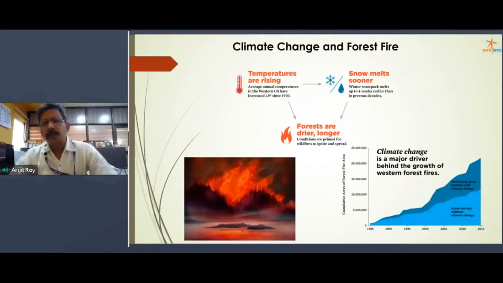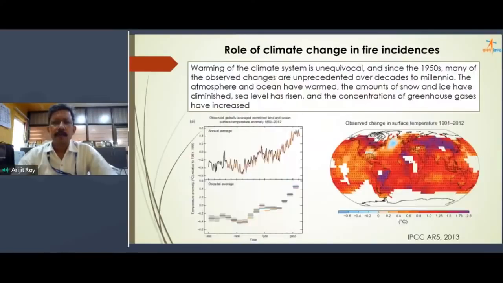And why is this happening? It is because the global temperature is increasing. Over the last century, there has been a significant increase in the average global temperature across the world. And it's not just the average temperature.